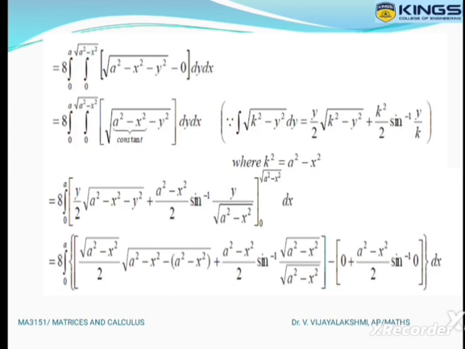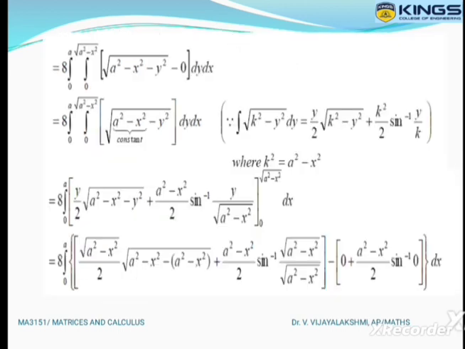The first part becomes root of a square minus x square by 2 into root of a square minus x square minus y square, where the y square value is a square minus x square, plus a square minus x square by 2 sin inverse of y, whose value is root of a square minus x square divided by root of a square minus x square. This is the upper limit minus the lower limit. So replace y is equal to 0 in the first one. When you replace y equal to 0, the first part becomes 0 plus a square minus x square by 2 sin inverse of 0, into dx.